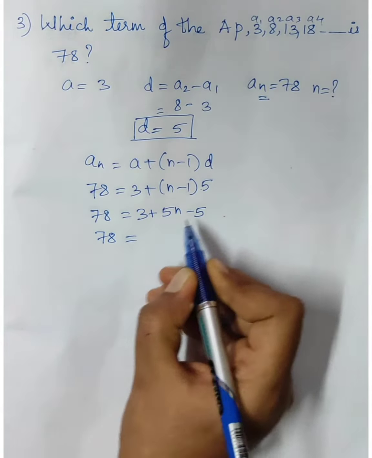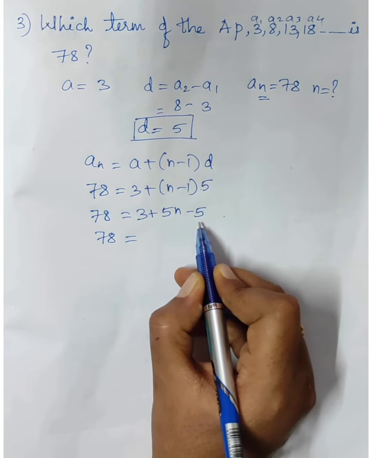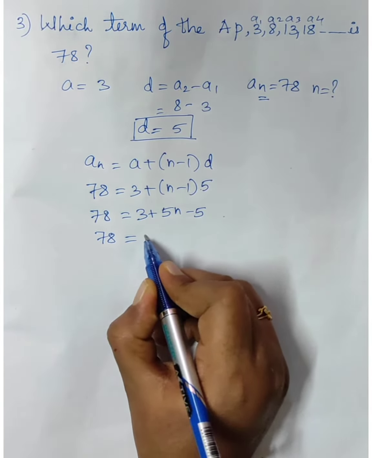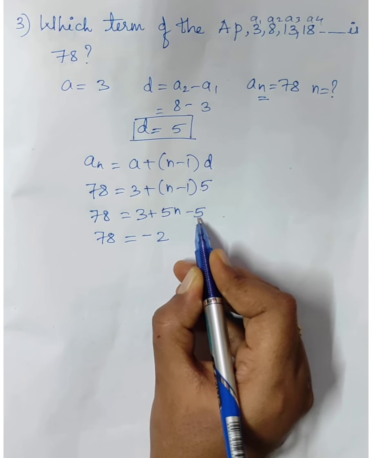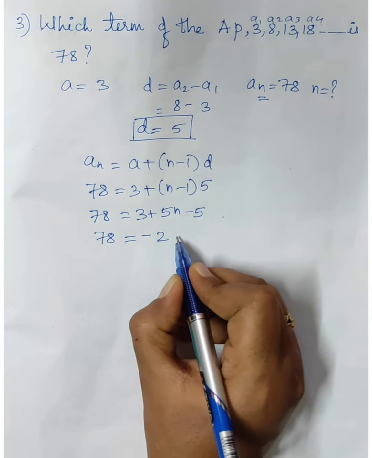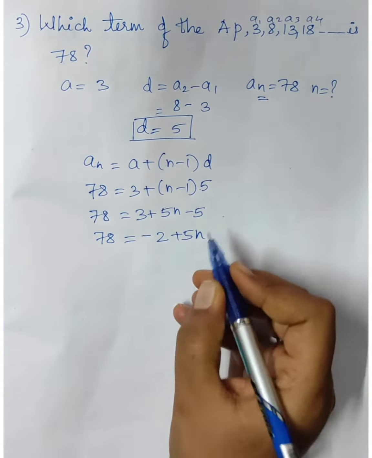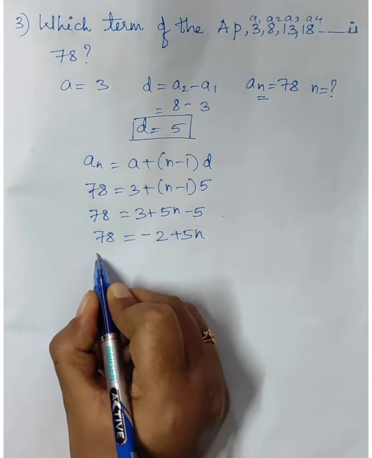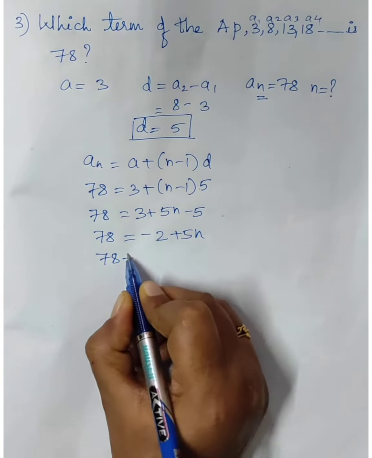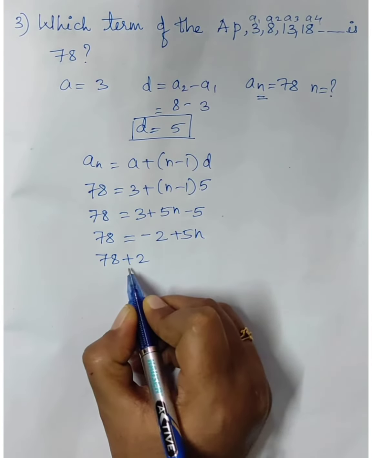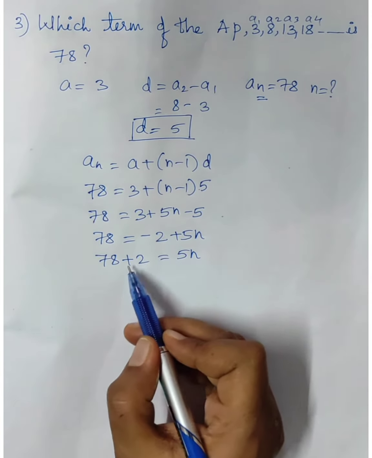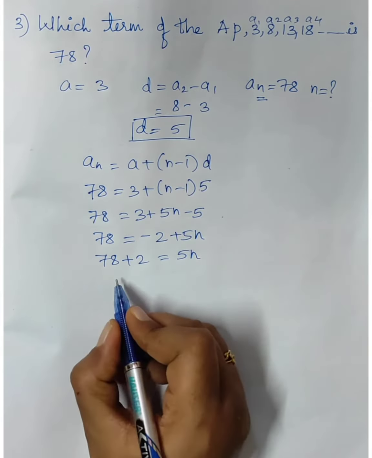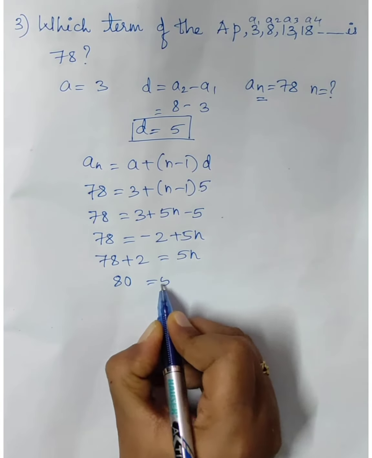So 3 plus minus 5 is minus 2, since the greater number minus 5 gives a negative sign. So 78 equals minus 2 plus 5n. This 2 is shifted here, negative becomes positive, so 78 plus 2 is 80, which equals 5n.